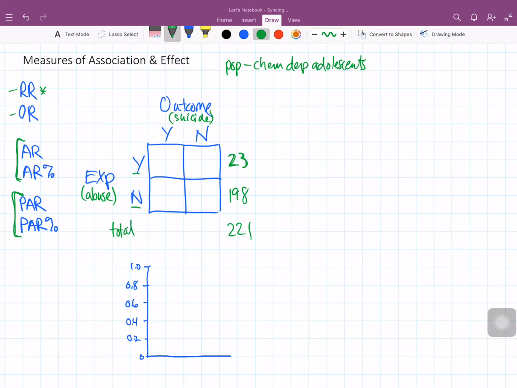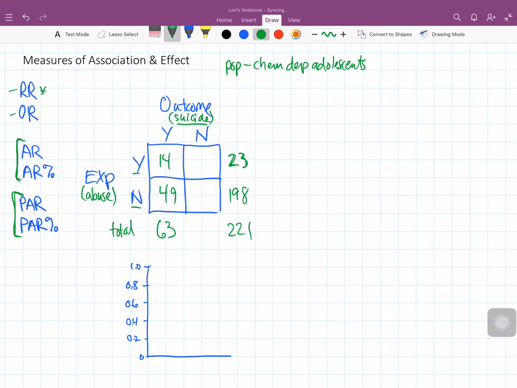And then what happened is they followed them forward in time and they found out if the outcome occurred, which was suicide. And unfortunately, 14 of those exposed to abuse did have suicide, and 49 of those who were not abused had a suicide. And if we complete this, that means there were a total of 63 suicides.